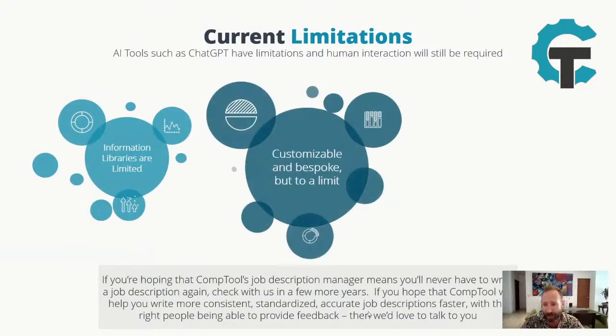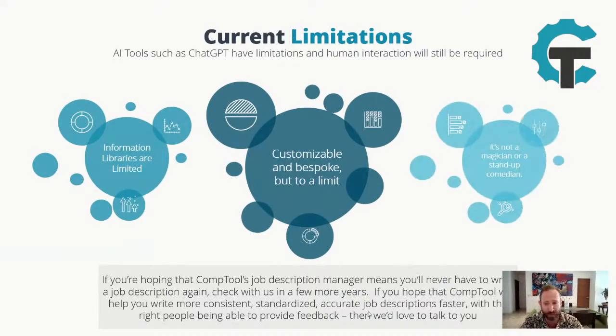Some of those limitations may include limited information from the language learning models. They can be customizable and bespoke, but to a limit. Now, there are some companies that have very specific language that gets incorporated into jobs. There are ways that the information can be presented that's very specific to some companies.